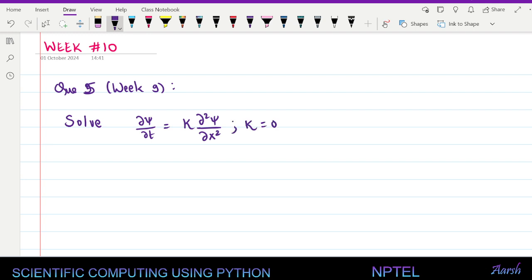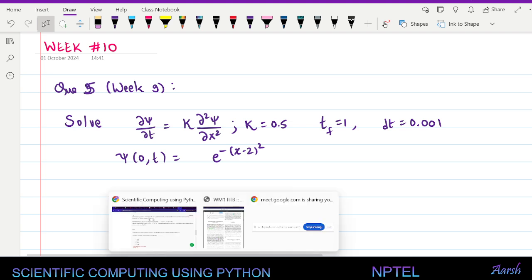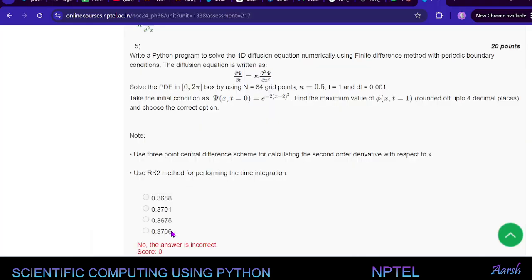Kappa is equal to 0.5, t final is 1, dt is to be taken as 0.001, and psi 0 of x is e to the minus (x minus 2) square. Was there any coefficient? Let me just check. Minus 2. Okay.